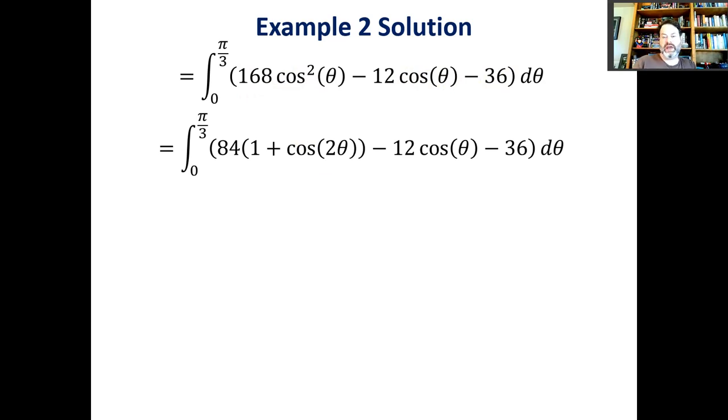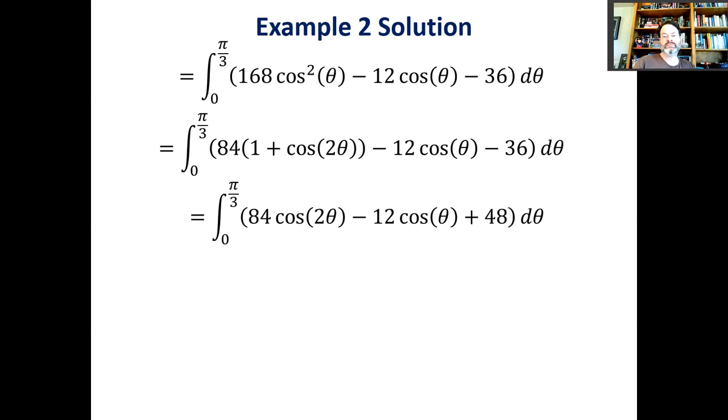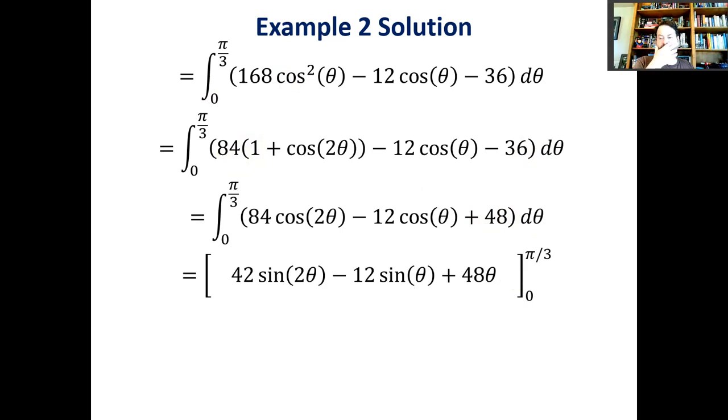It turns the 168 into an 84. And then I distributed. And 84 plus 36 is 48. Went ahead and did the integral. We have u substitution here, but it's an easy one. You can just do it in your head.